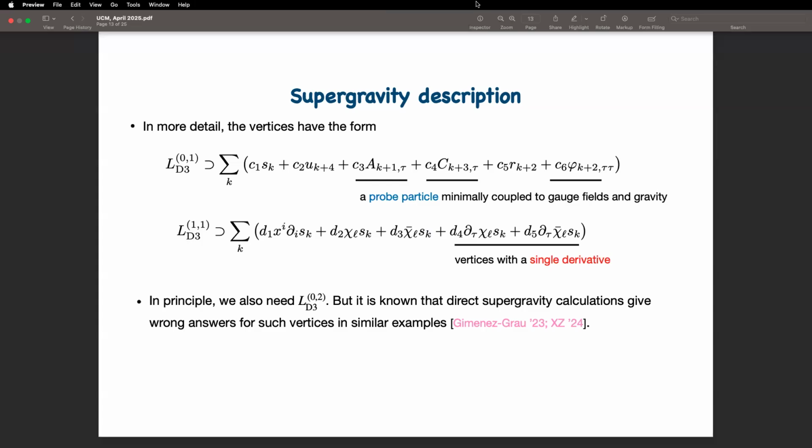Any questions? So when you say it gives the wrong vertices, you mean because if you take the limit... Yeah. So for example, we can consider a Wilson loop 2-point function. In the bulk, it corresponds to the worldsheet of the string. Yes. So you can actually do this expansion and you can get 0, 2 type vertices, and you can compute their contribution.